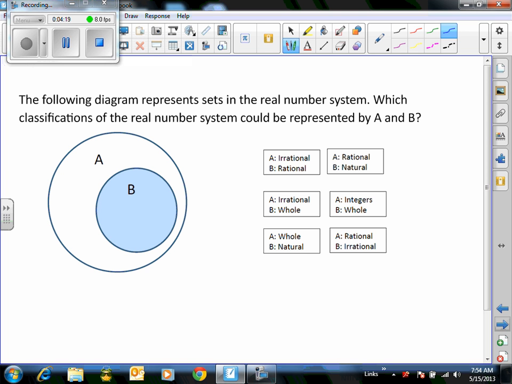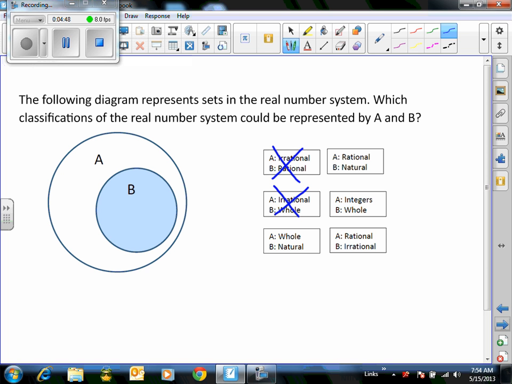So looking at my choices that I have here, if I remember irrational numbers don't contain any set of the real number system. So I'm going to cross out the first one. I'm going to cross out the second one going down, because I know that irrational numbers don't contain any set. That's kind of like those ugly decimals that we set off to the side.